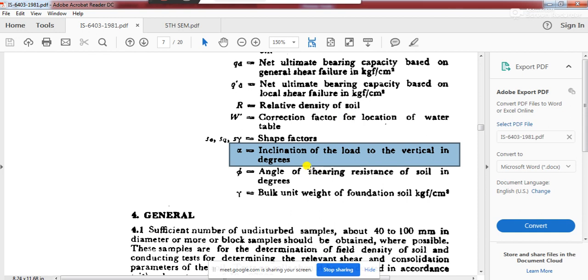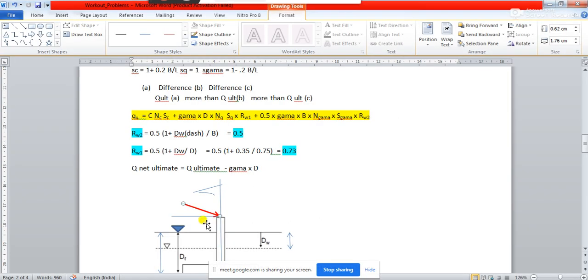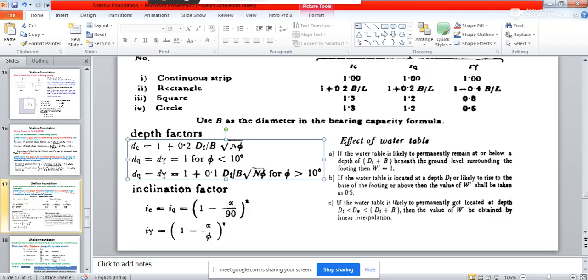Actually what happens generally in the problem, to confuse you, the inclination of the load with the horizontal is given, and generally we make the mistake of directly putting the value. Let's say the load is inclined to the horizontal at 30 degree, then by general mistake we just put the value of alpha as 30 degree. That is incorrect, because by definition the value of alpha is the inclination of the load with the vertical.